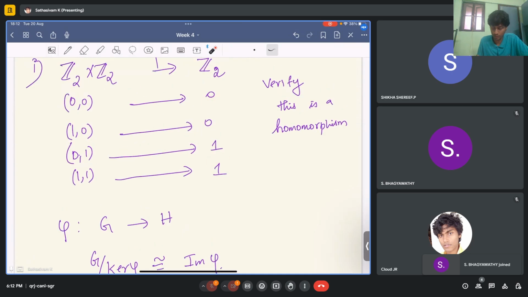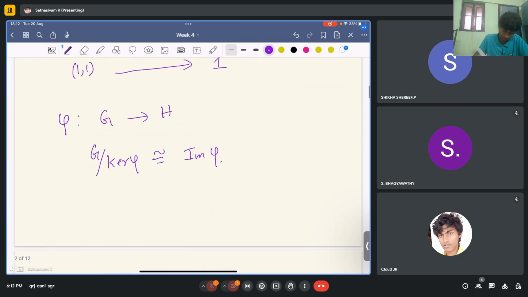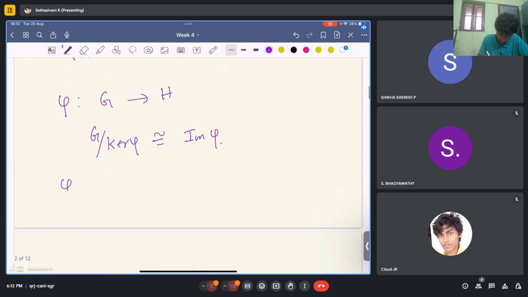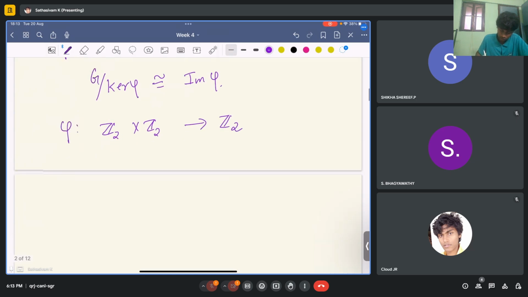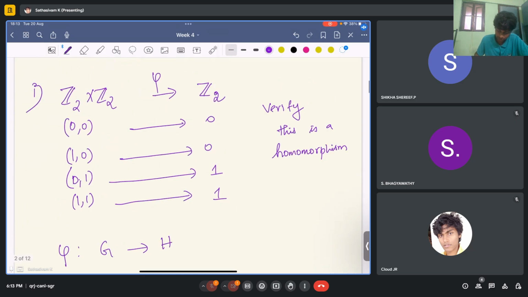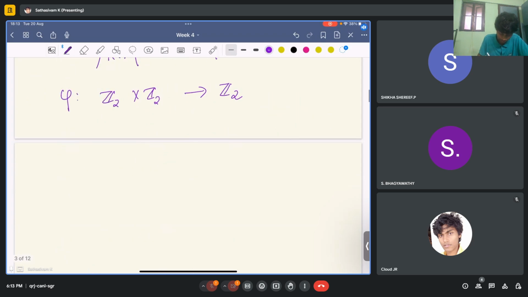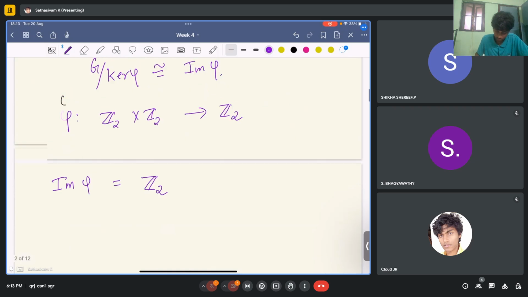So in our case, we have phi from Z2 cross Z2 to Z2, the phi that we defined earlier, and its image is nothing but Z2.